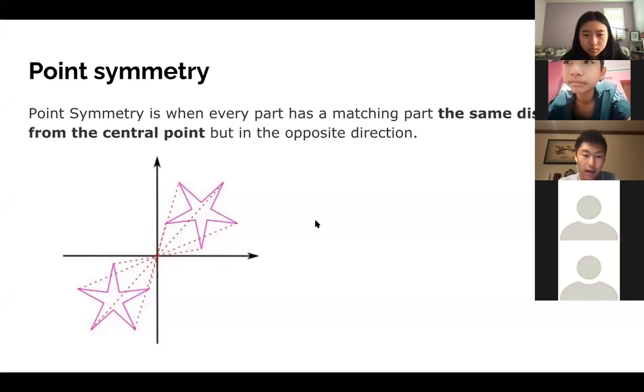It has a point symmetry with a star on the bottom left, where the point is the origin. The point is the middle of those two. Every part of the star has a matching part the same distance from that origin, but in the opposite direction. And so the result is the star in the bottom. So that is point symmetry.